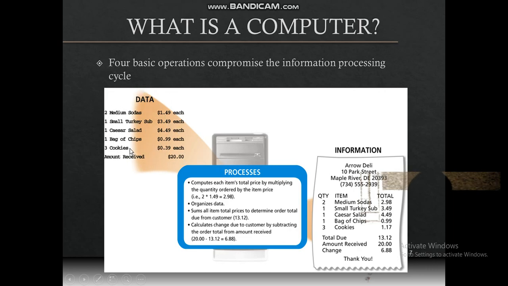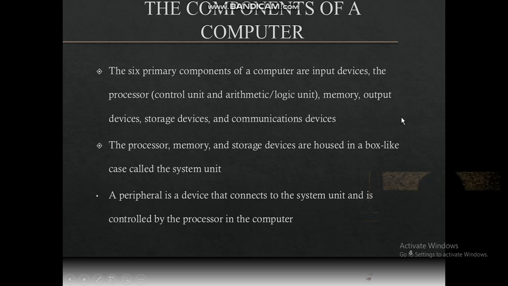While scanning, they key the data into the computer, and the computer will process all those data and give you the total amount. While printing the result, you will see the quantity of the products that you have purchased, the item names, and the total price. At the end, they will give you the total amount and print the receipt for you. That's the cycle that a computer operates on.